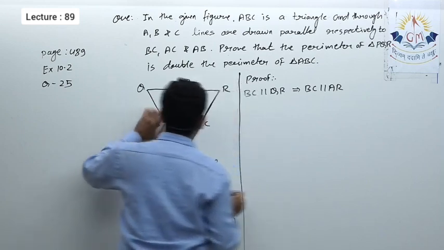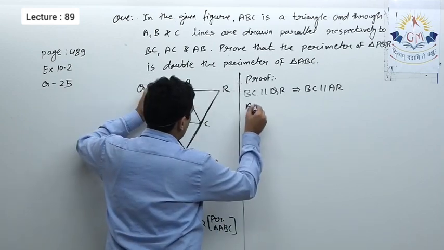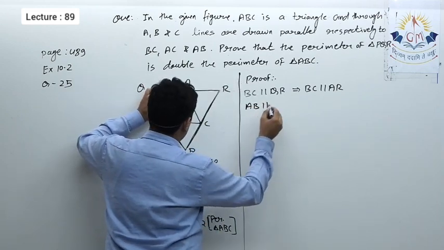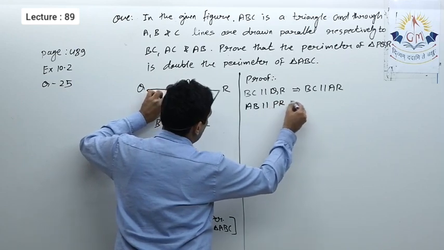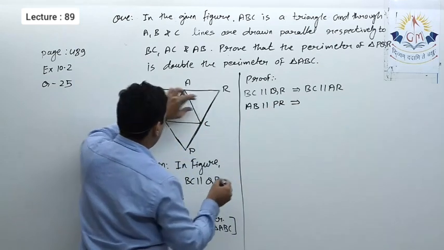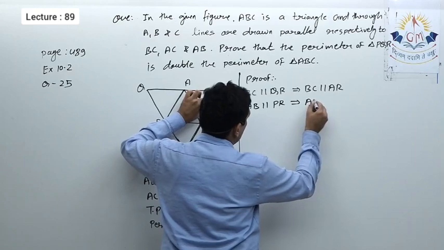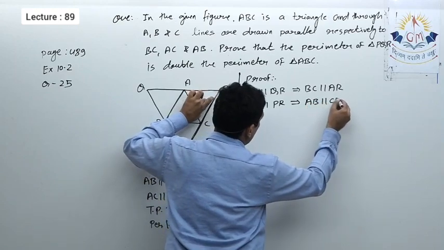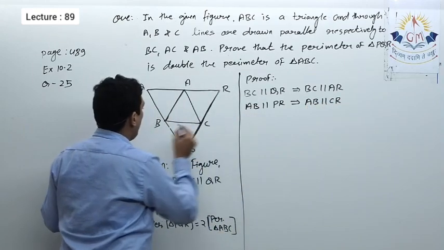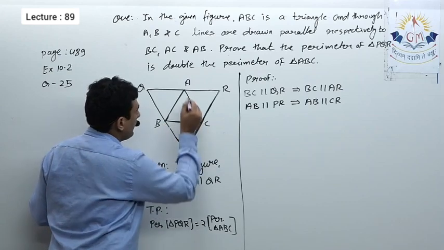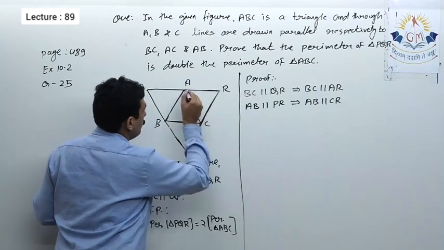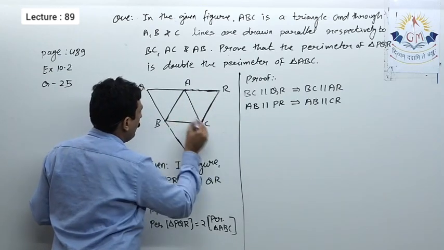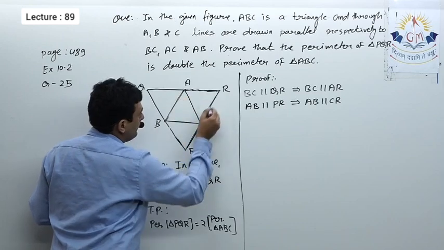Then it is given AB parallel PR, therefore I can say AB parallel CR. So what I have right now is BC parallel AR and AB parallel CR.